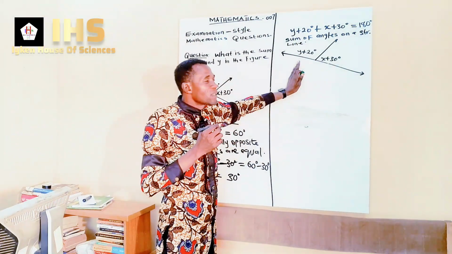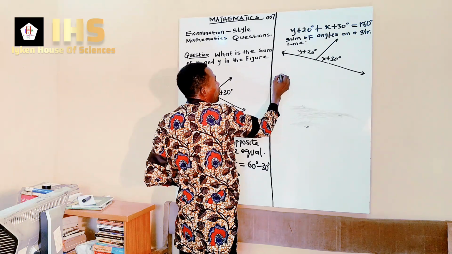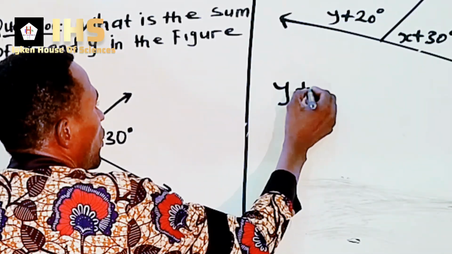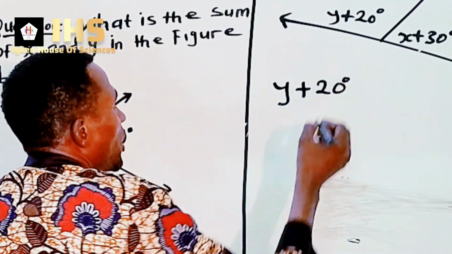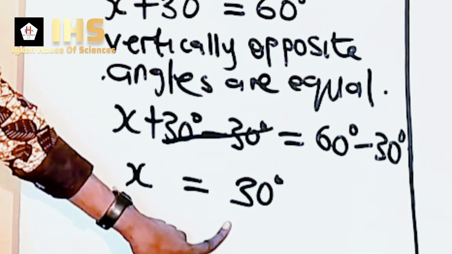So in this case, we rearrange. We have our y plus 20 degrees. Never forget, we have gotten the value of x to be 30 degrees.